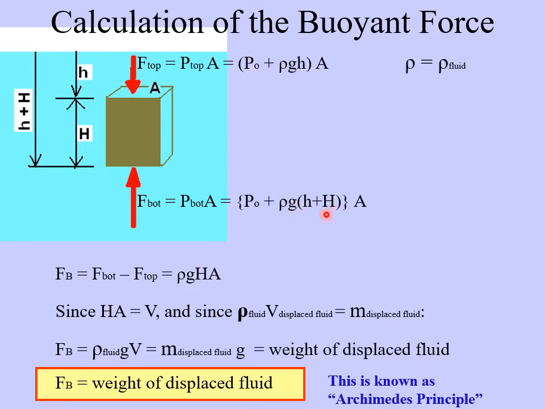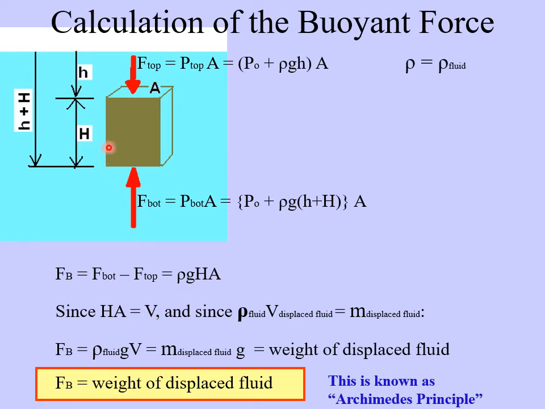This uppercase H, which by the way is the height of our object that we're weighing, is the only term that remains, and of course it's multiplied by rho and g and A. So here is our buoyant force. It's density of the water times g, 9.8, times the height of the object times the area of the object.